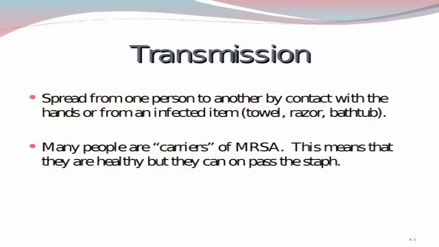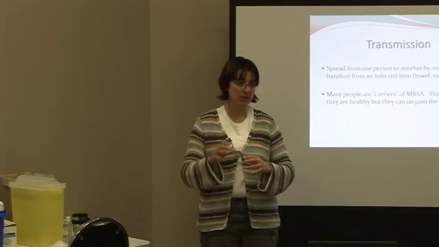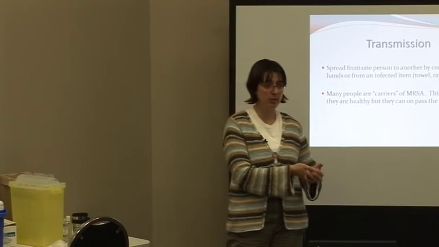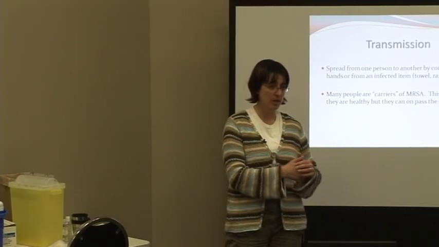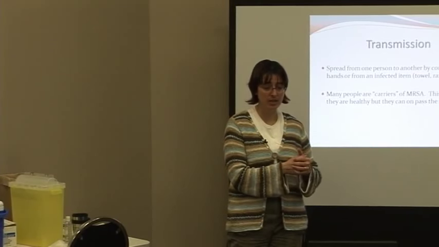Most often it's transferred from person to person through contact with the hands or with an infected item, like hand towels. If somebody who had MRSA wiped their hands on a towel and they had a sore on their hand, that germ would be on the towel, and then when we use that towel to wipe our hands, we would transfer the MRSA onto our skin.